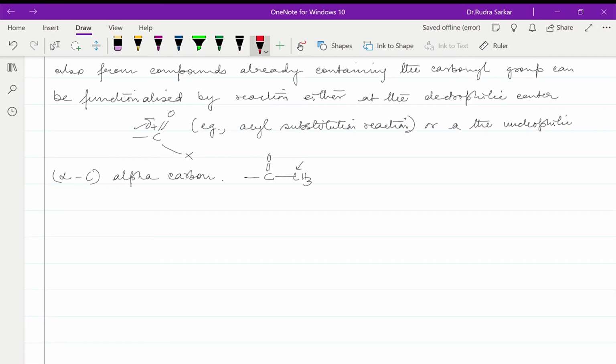So let us consider in the first part the synthesis of aldehydes and ketones via functional group interconversion.